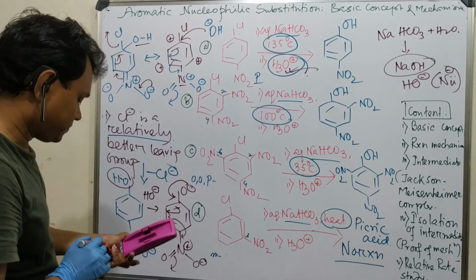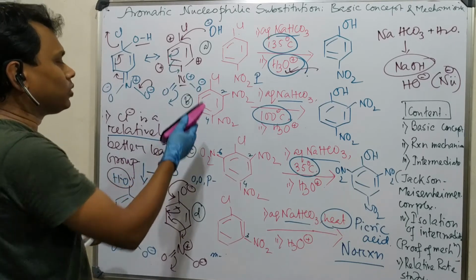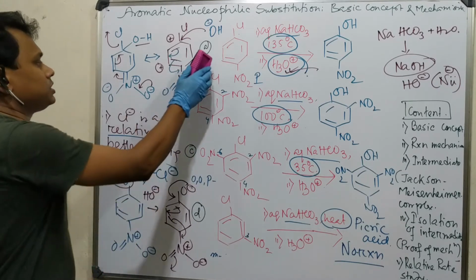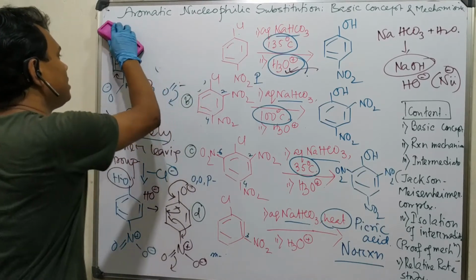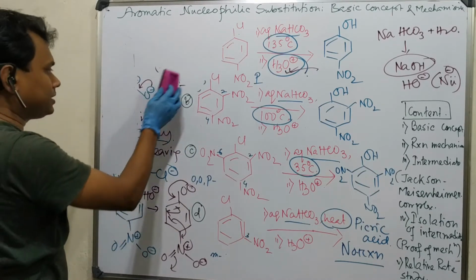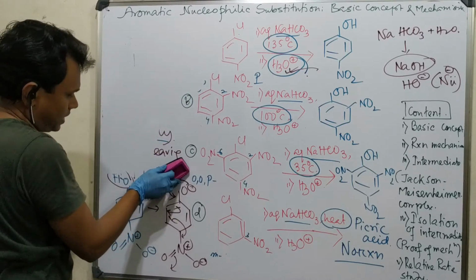Fine. Now the question is, why this mononitro derivative? This mononitro derivative needs 135 degree centigrade, dinitro needs 100 degree centigrade, and trinitro needs 35 degree centigrade.